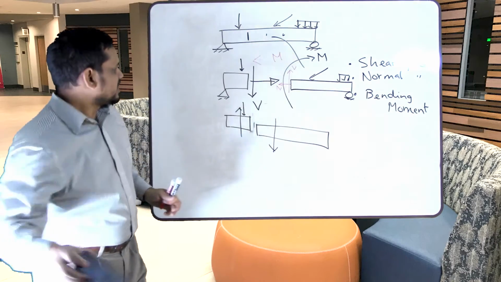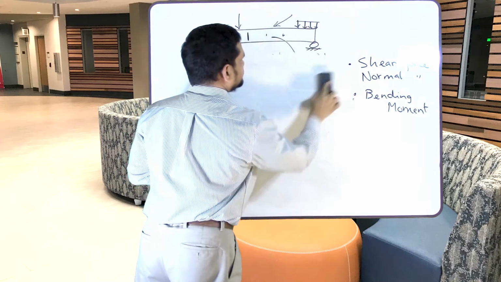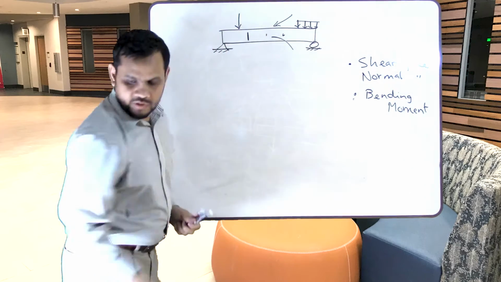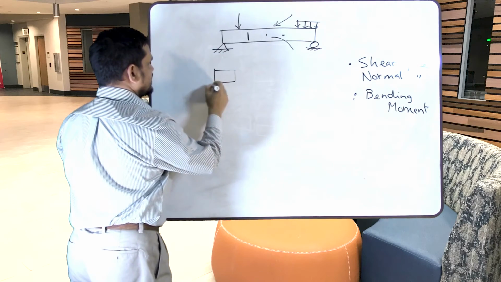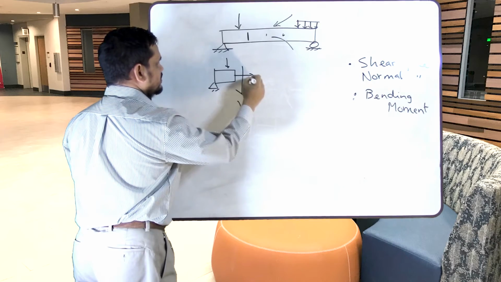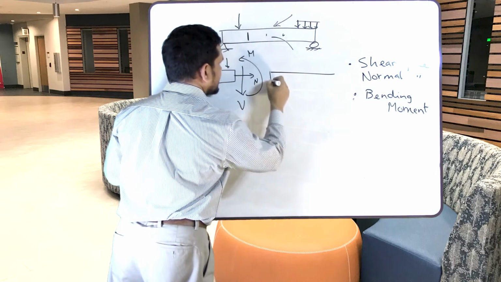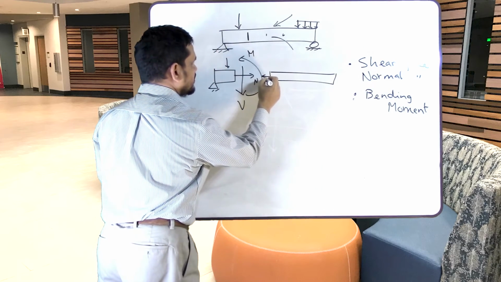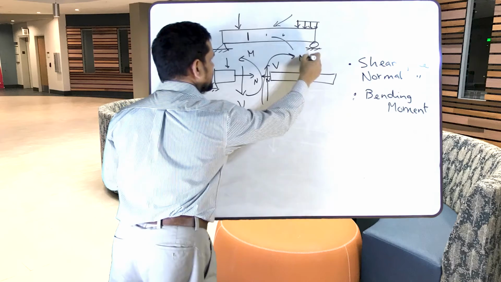Okay, let me make it bigger, it has become so messy. Say this side is this side. So this is my shear force, this is normal force, and this is my moment. If we consider the right side, this is my normal force, this is my shear force, and this is my moment.